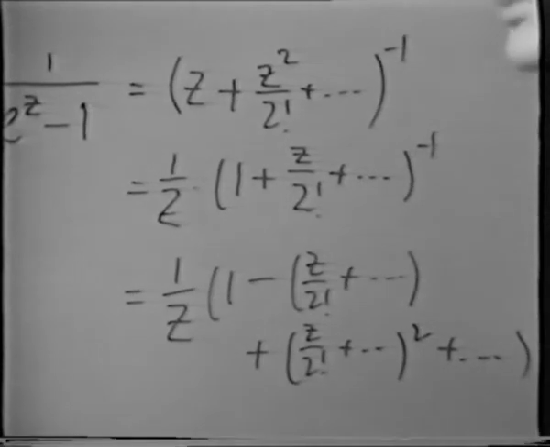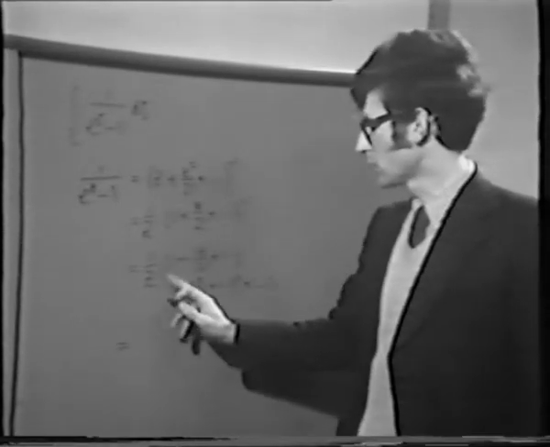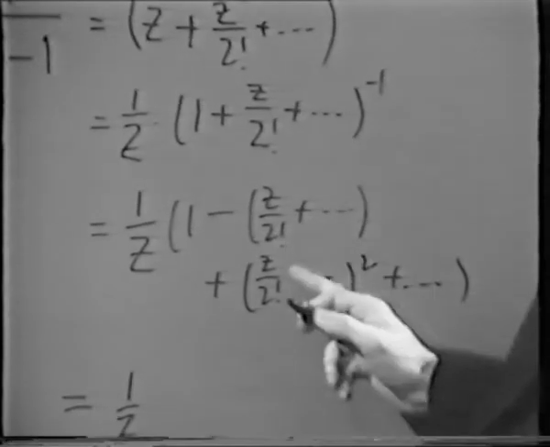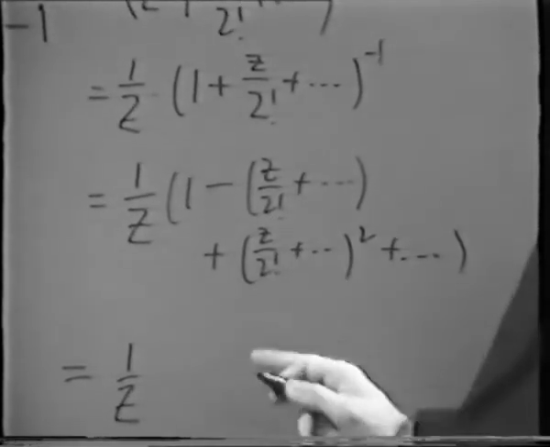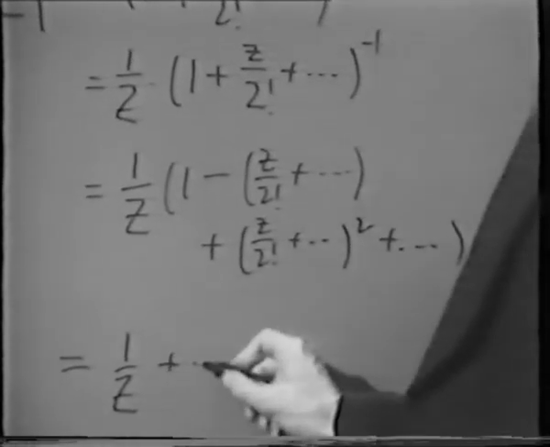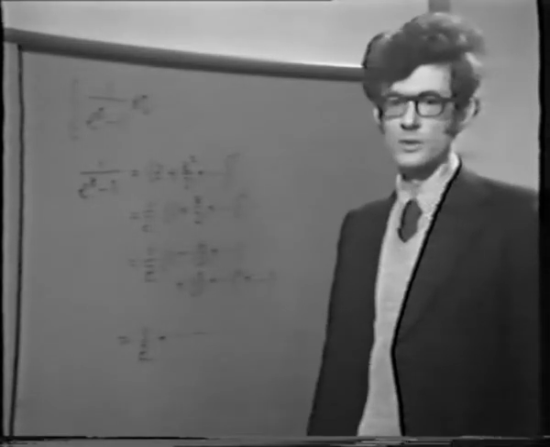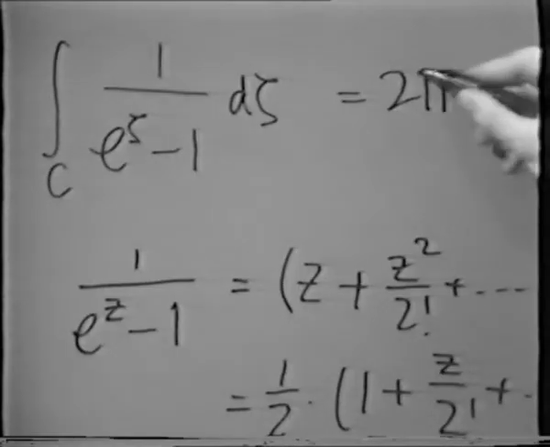But it's only the coefficient of 1 over z that I'm interested in. I get a 1 over z from there, but all the other terms in here are going to involve z or higher powers, so that's the only term involving 1 over z that I get. The coefficient is 1. The value of the integral is 2 pi I times 1. This is equal to 2 pi I.